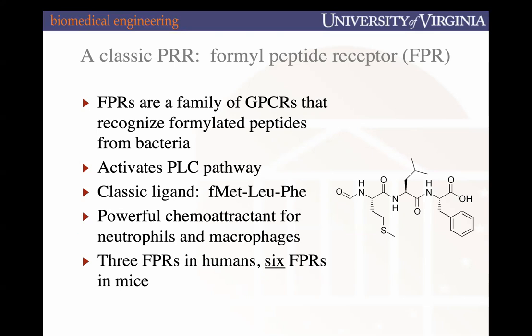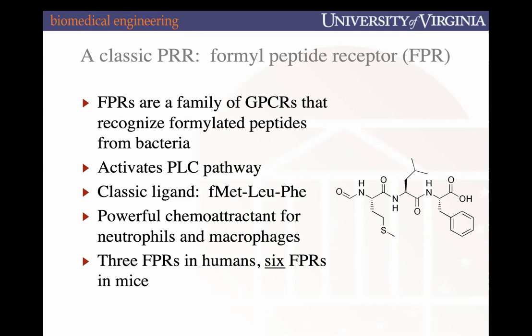The key part, the asterisk here, is that it's a formylated methionine, because our methionines are not formylated. Pathogens typically are, bacteria specifically. So when it binds to the FPR, that triggers a really strong chemotactic response from neutrophils and macrophages. Typically, we only encode 3 different FPRs, and mice actually encode more.